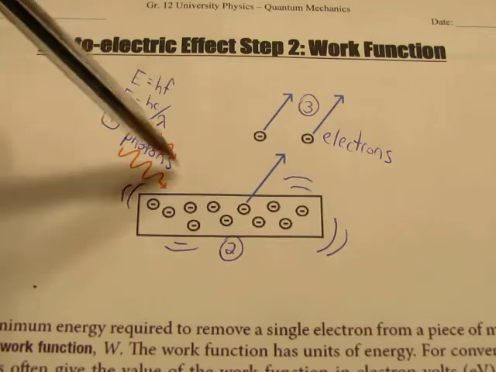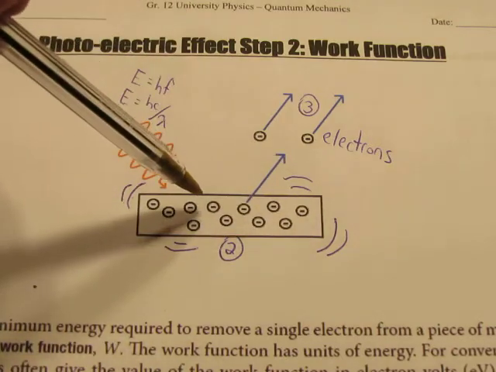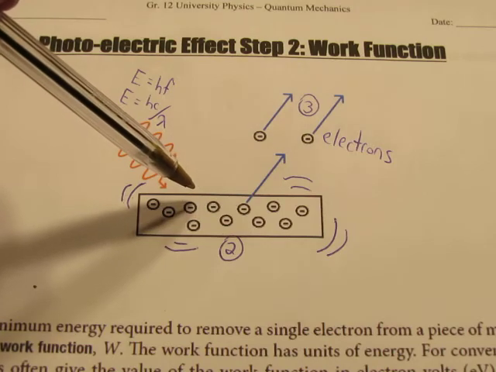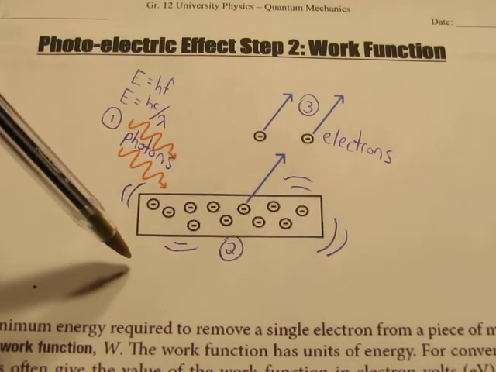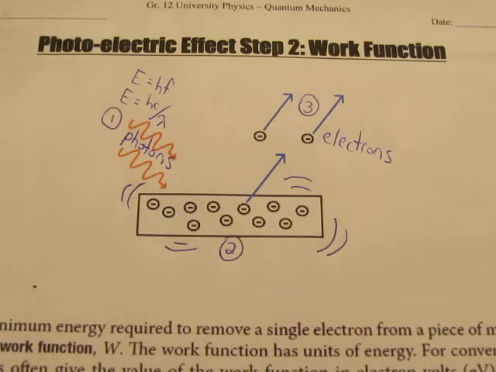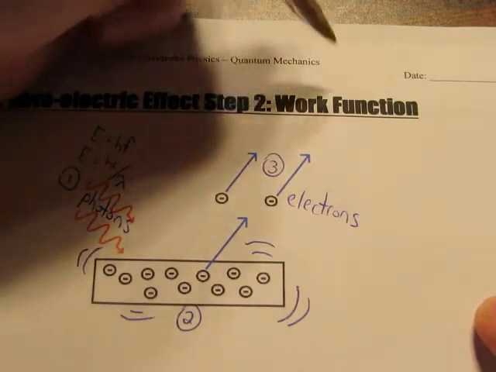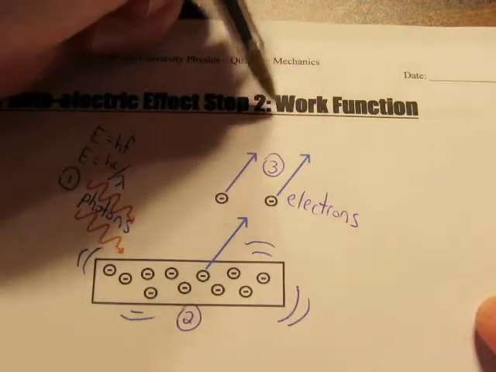So some of the incoming light energy is going to get converted into work energy, but this work is not a movement from point A to point B, it's the actual metal itself sort of shaking. And that's why the title of today's work is not just the word work, it's called work function.